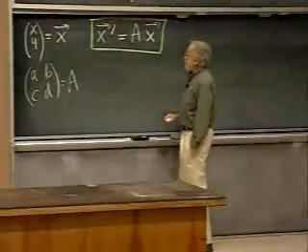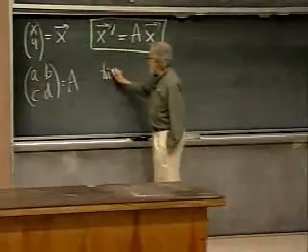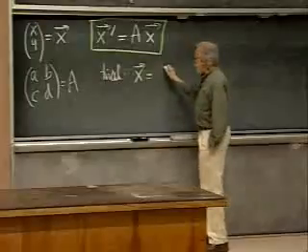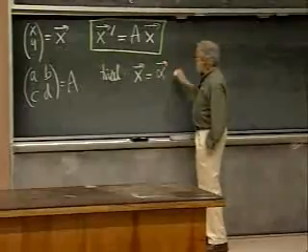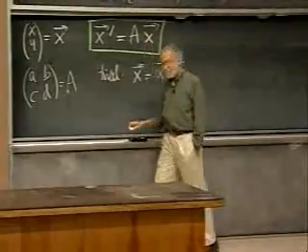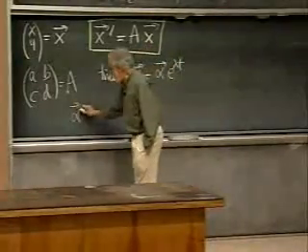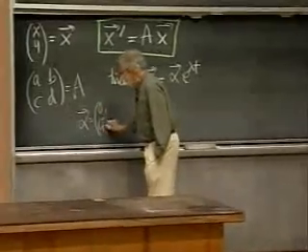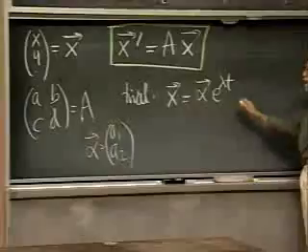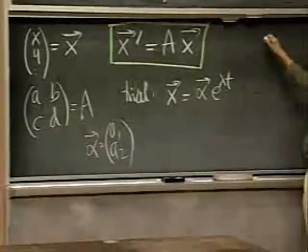Okay, the trial solution is x equals what? An unknown vector alpha times e to the lambda t. Alpha is what we called A1 and A2 before. Plug this into there and cancel the e to the lambda t's. What do you get?